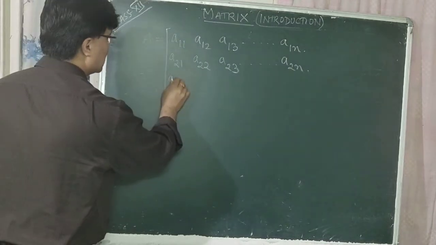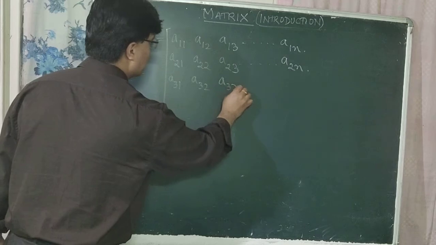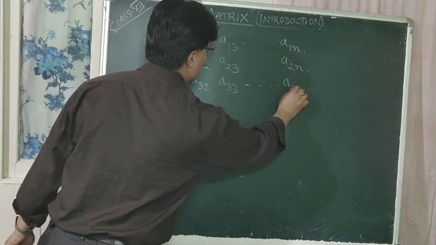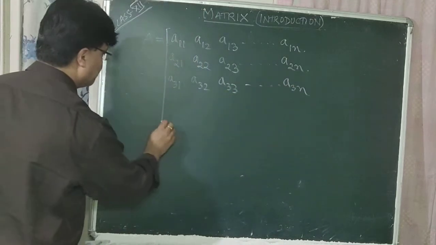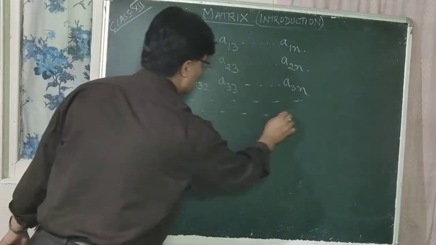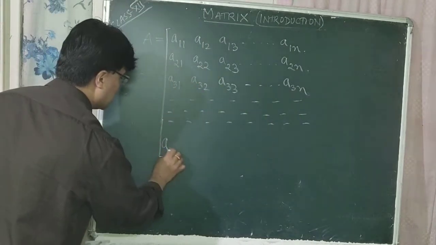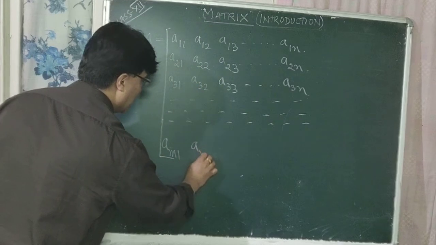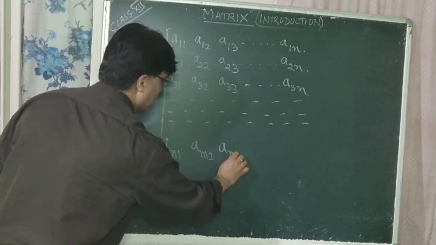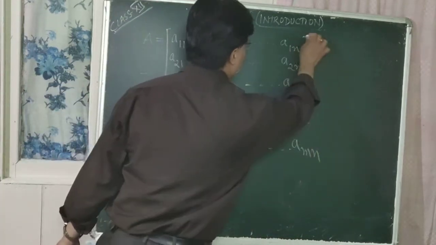Clear? Then this is A31, A32, A33, dot dot dot, A3n. Then there are other elements also. Now here you write AM1, AM2, AM3, dot dot dot, AMN.